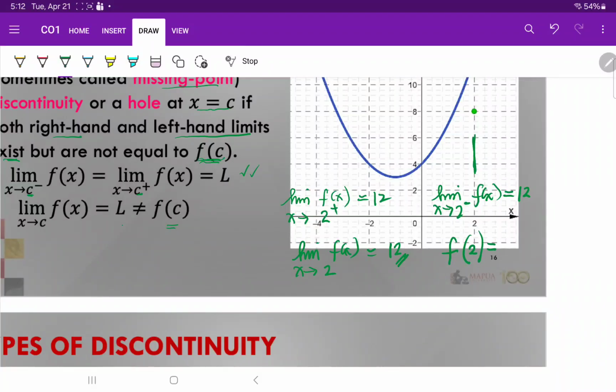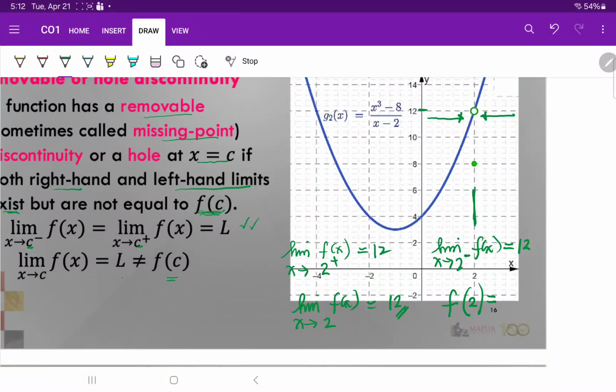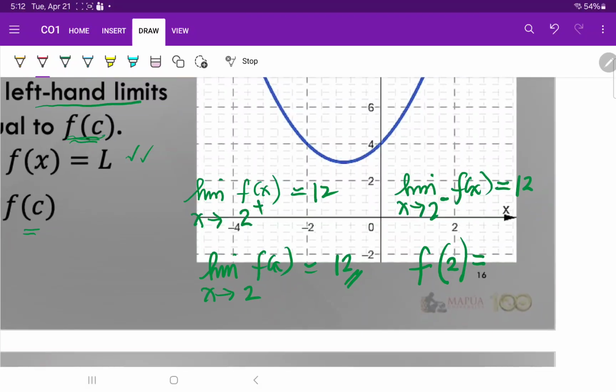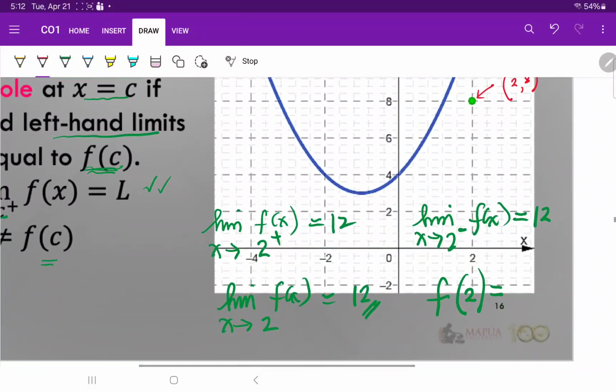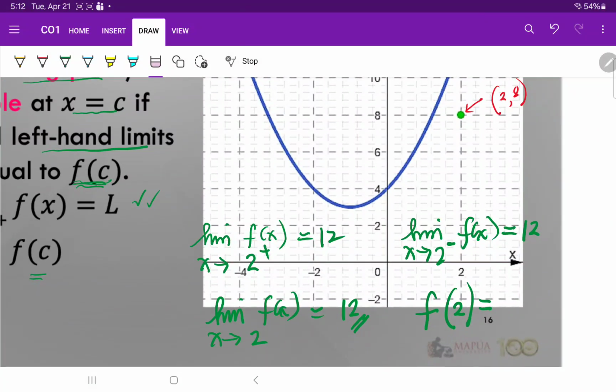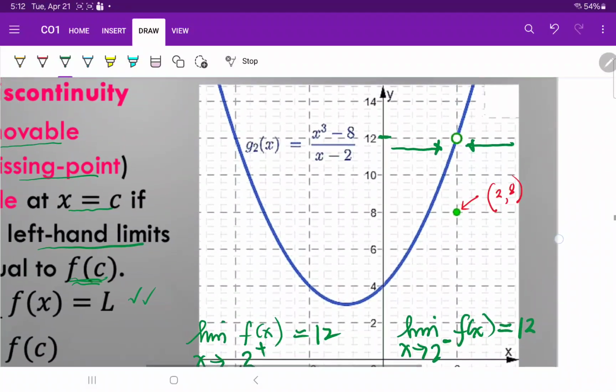Does it exist? Yes. But what is your f of 2? From the graph, you could see that this point is at x equals 2 and y equals 8. So when x equals 2, y equals 8, or f of 2 is 8, because it's a closed circle.